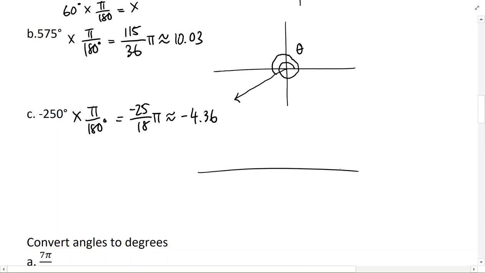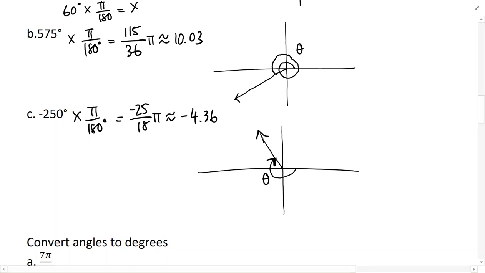Now this time, when we have our graph, since it's negative, we're going to be going clockwise. So you're going to go around, and we're going to stop somewhere here-ish. Draw the angle in, and here's our angle. So we're going in this clockwise direction from the initial arm.